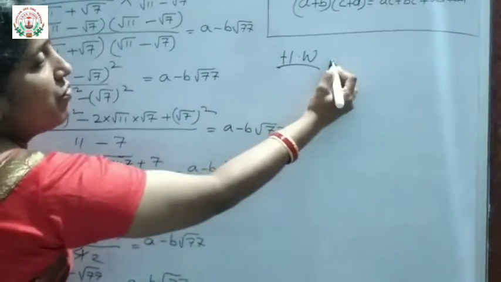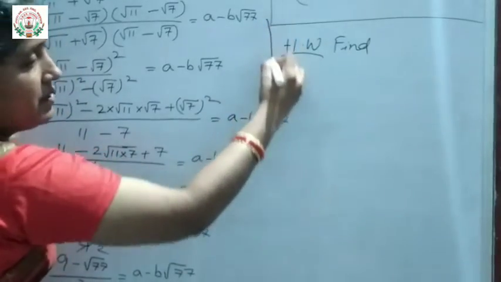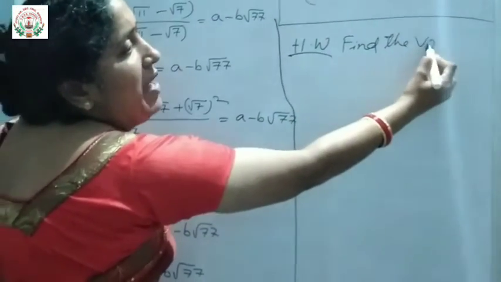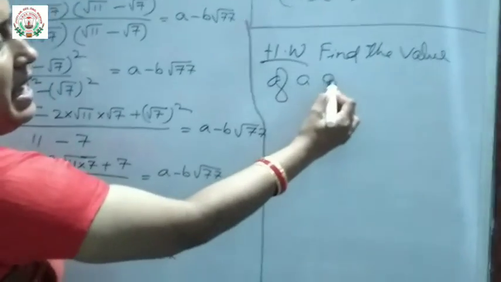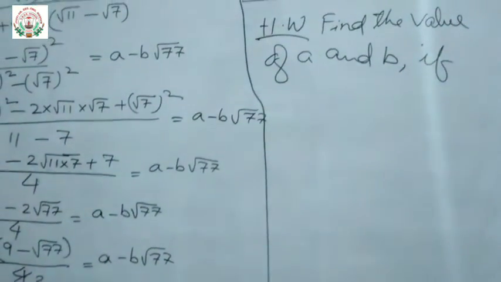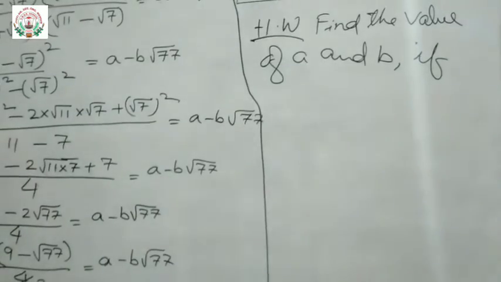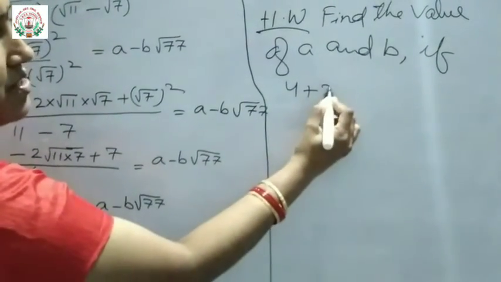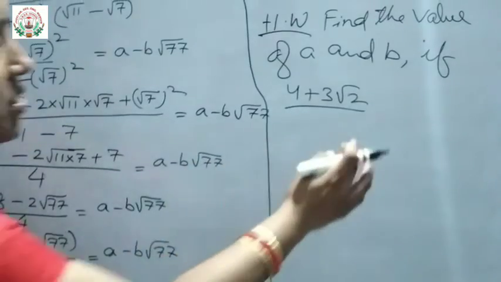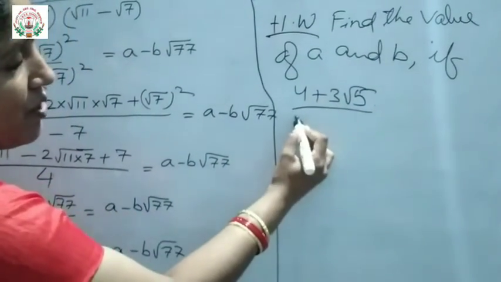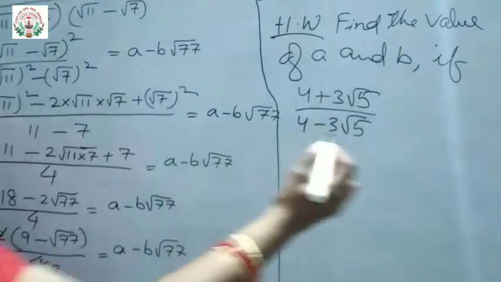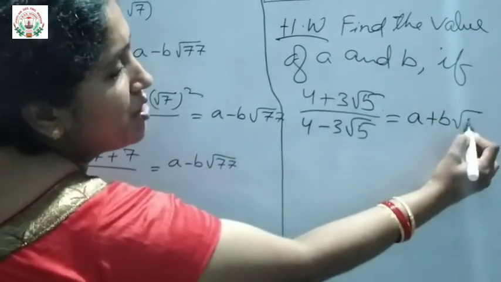Find the value of a and b if 4 plus 3 root 2 upon 3 root 5 upon 4 minus 3 root 5 equals a plus b root 5.